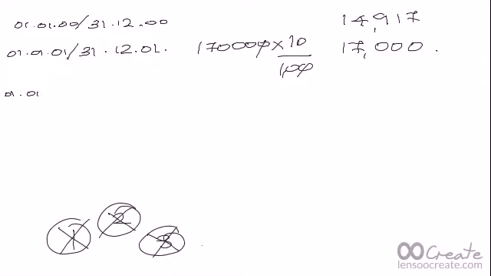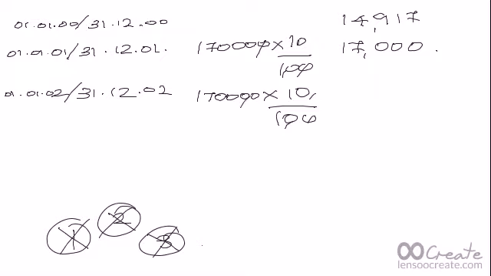That is 1/1/2002 to 31/12/2002. Here also they didn't specify any purchase or sale of any non-current asset. So 170,000 into 10%. That will be again 17,000.